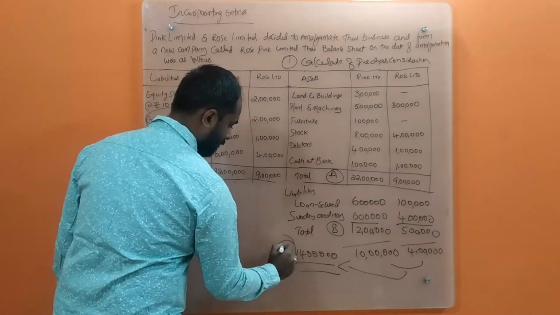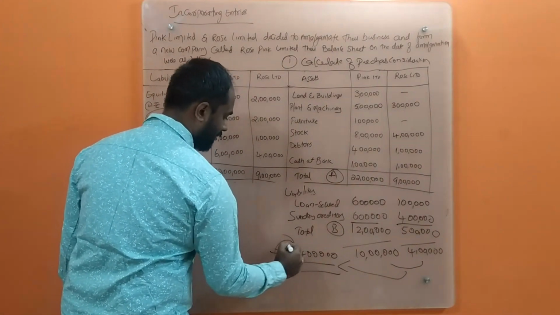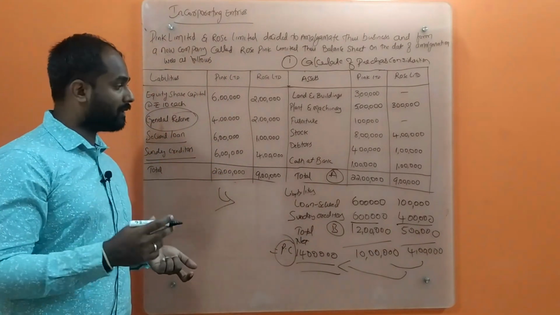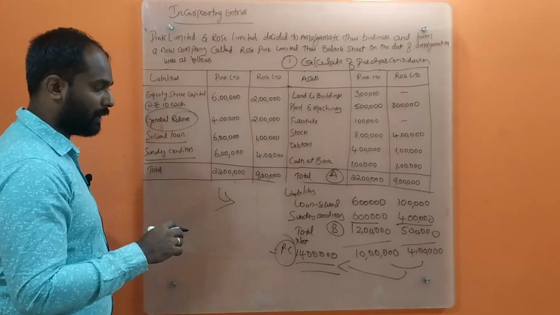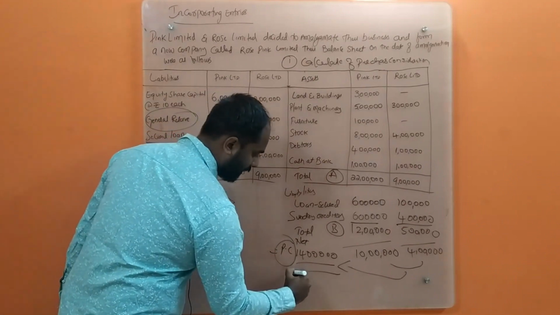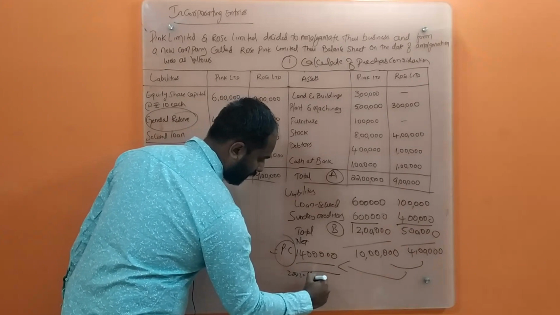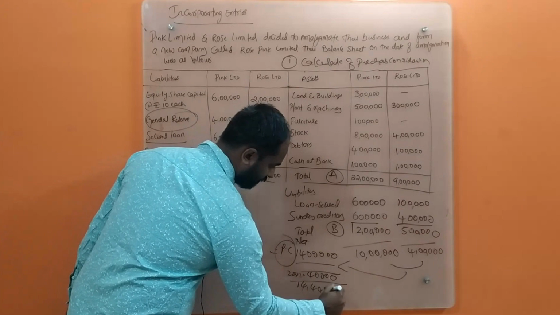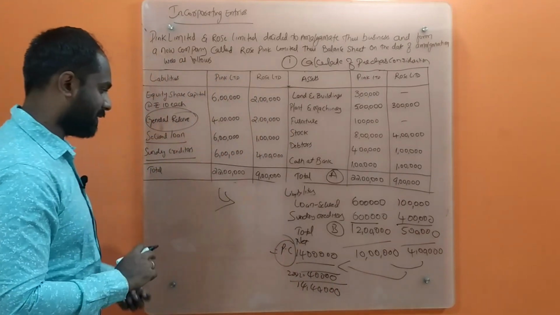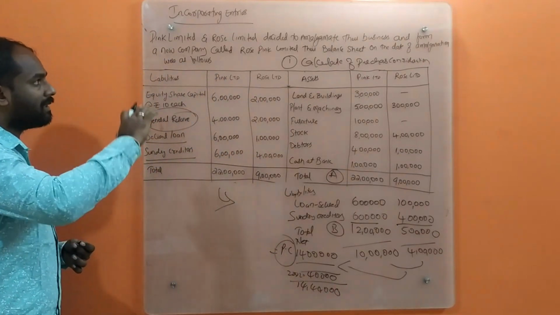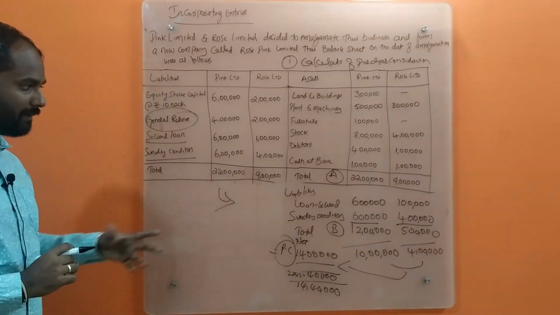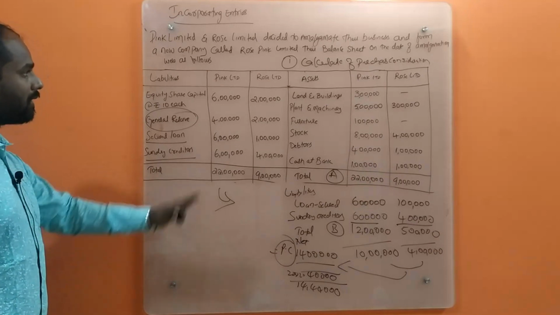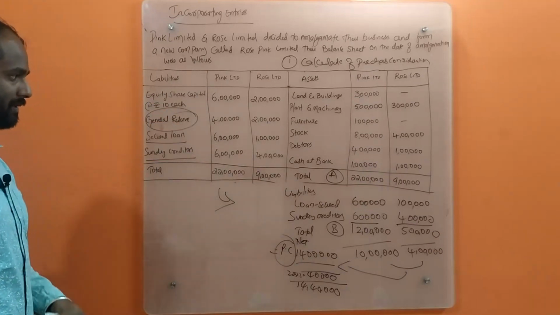Why am I telling this? Because they agreed to pay 20,000 each in cash also, so that also we have to include. 20 into 2, 40,000. So 14 lakh 40,000 is what you are going to pay as the purchase consideration to Pink Limited and Rose Limited. Individually, it is 10 lakh 20,000 and 4 lakh 20,000 that we will be paying them. So this is how we are going to calculate the purchase consideration.